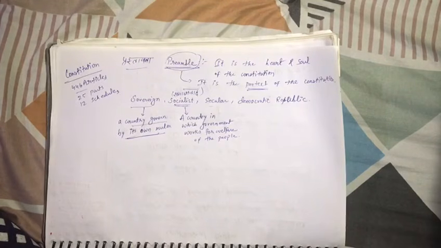Capitalist countries mainly make the rules which are favorable for the capitalist class or the business class.